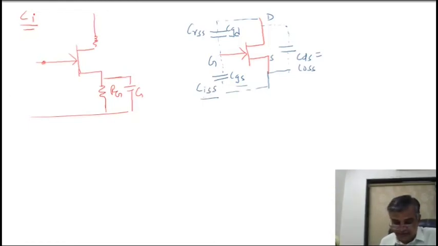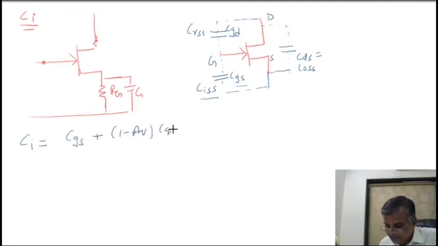The input capacitance of the common source amplifier is given by this equation.